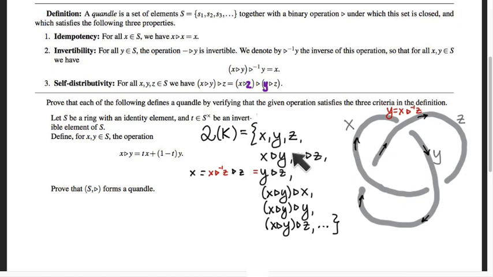Similarly, for x triangle y, we don't have a positive crossing of x under y. We only have a negative crossing. So if we want to understand what this is, we should probably try to find some other relationship between x, y, and z that we can use to simplify.